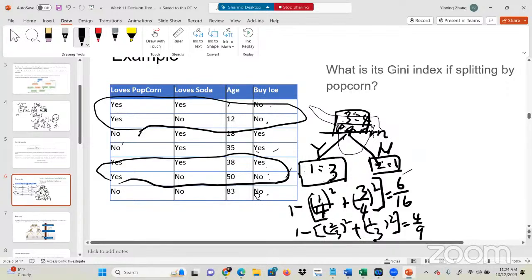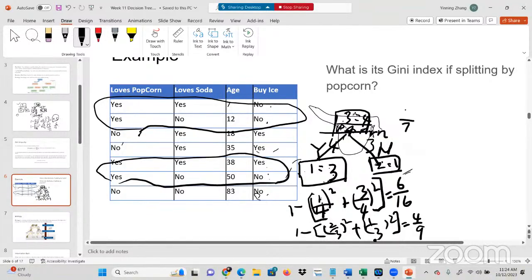After dividing by popcorn, for this whole level the impurity is, you have to multiply by the ratio. So here is 4 people, and here is 3 people. So this is 4/7.